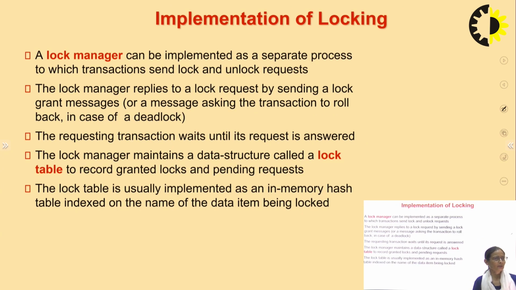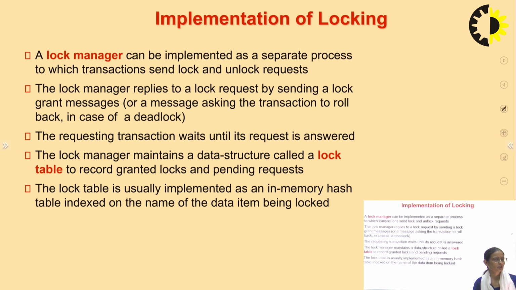How do we implement a lock? A lock manager can be implemented as a separate process to which transactions send lock and unlock requests. The lock manager replies to a lock request by sending a lock grant message, that is, the lock has been granted, or a message asking the transaction to roll back in case of deadlock. The requesting transaction waits until its request is answered.